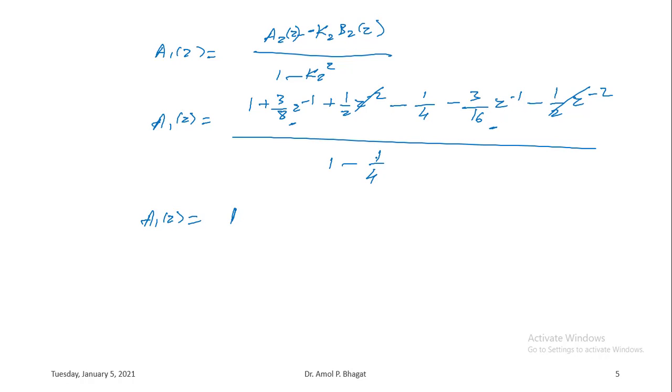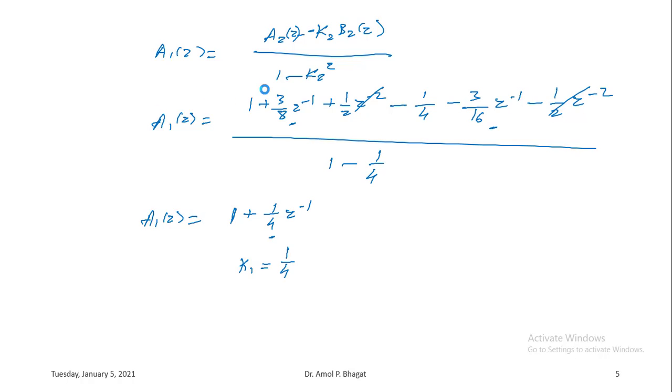So if you simplify it, you will get simply 1 by 4 z inverse. Okay, so this is nothing but your a1 of z. So from a1 of z you can get the value of the last coefficient, that is k1, so k1 will be this 1 by 4.